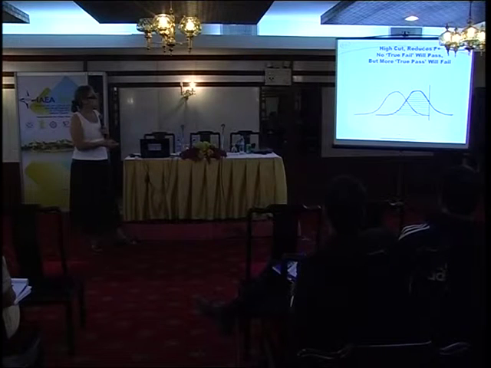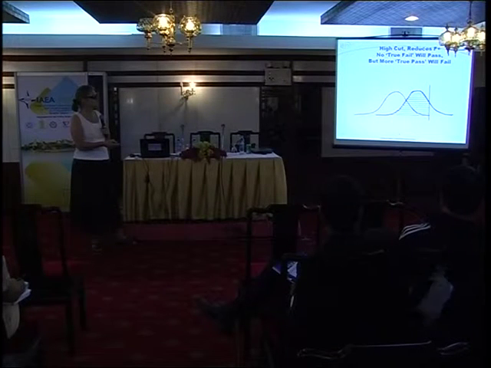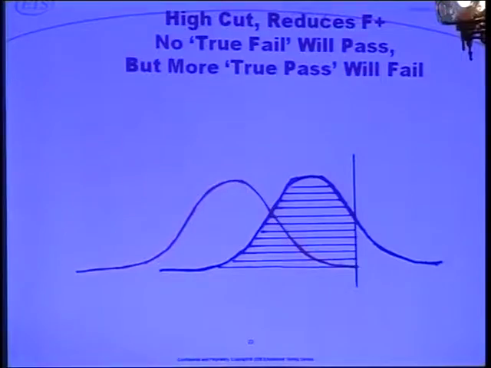So we decide we don't want any of these people who could possibly not know enough to be a surgeon. But what happens is all of these people here who really do know enough are also going to fail. So there's no way around that, depending on what type of error we want to make. Now, this might be reasonable, like I said, for a surgeon.